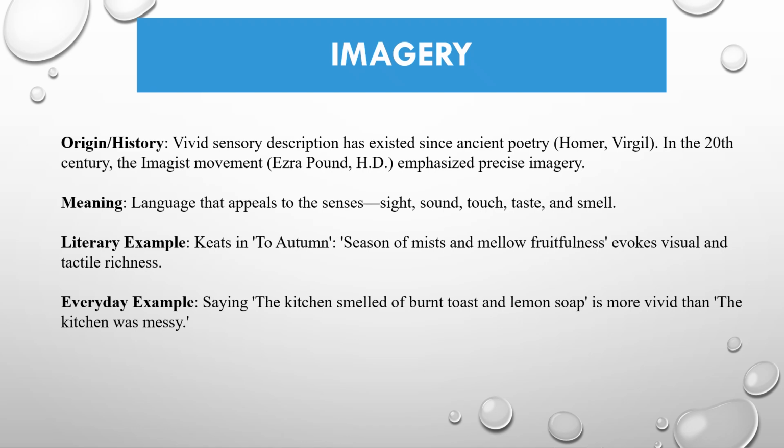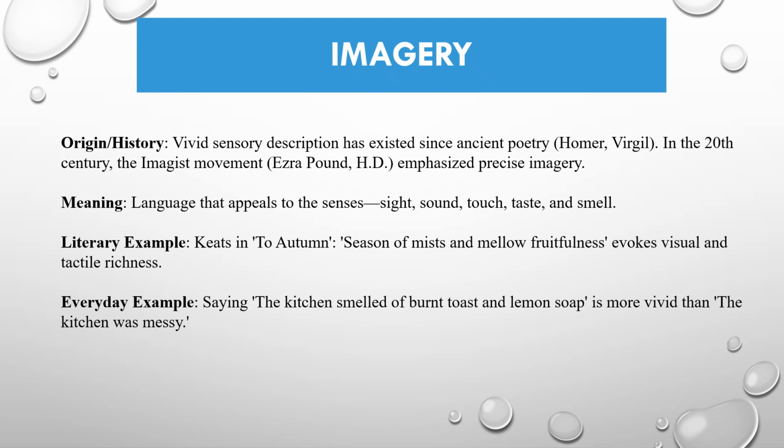For example, in Keats' poem To Autumn, there is the line "season of mists and mellow fruitfulness," which evokes visual and tactile richness.